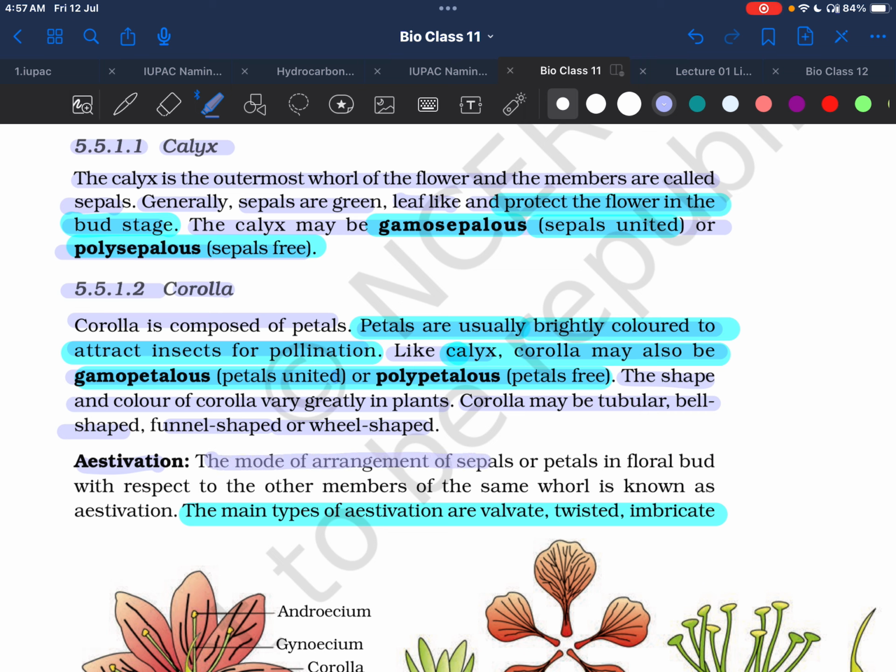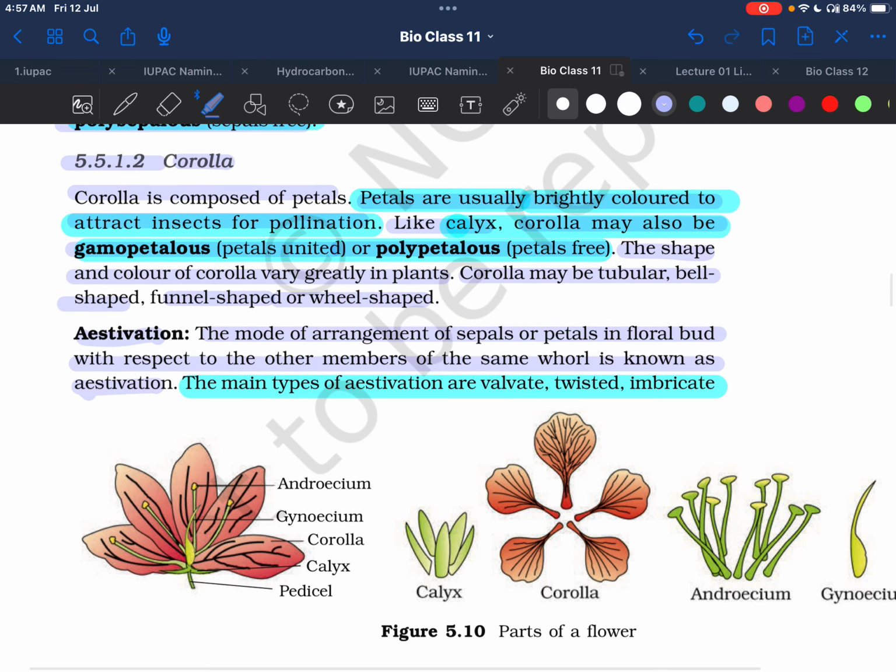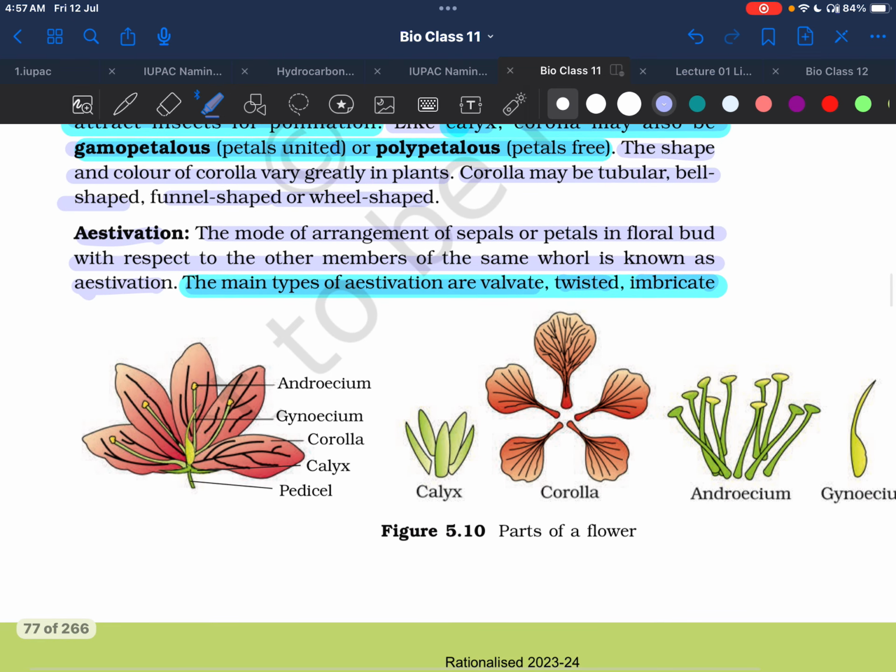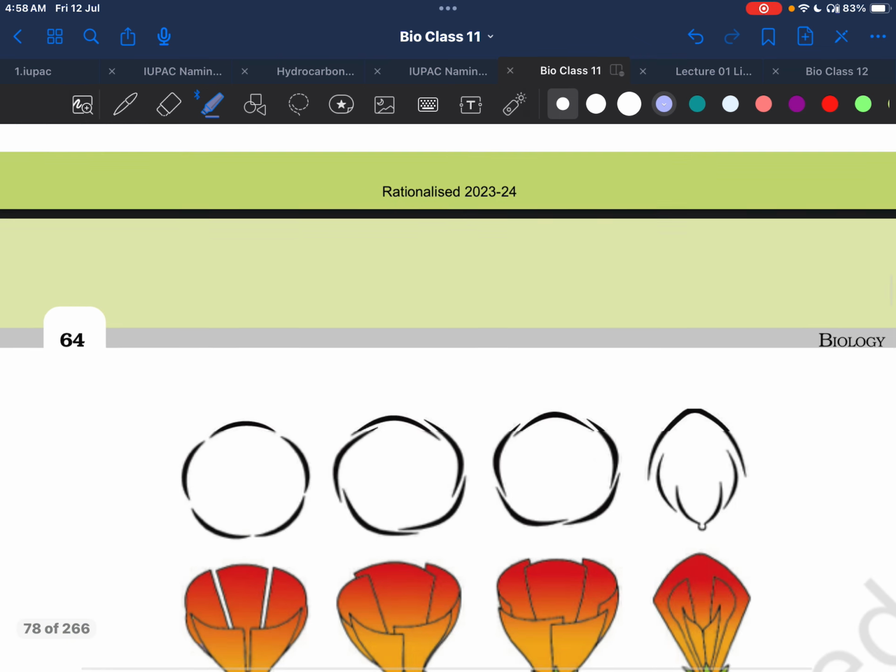Aestivation: the mode of arrangement of sepals or petals in floral bud with respect to the other members of the same whorl is known as aestivation. The main types of aestivation are valvate, twisted, imbricate. Figure 5.10 Parts of flower: androecium, gynoecium, corolla, calyx, pedicel.